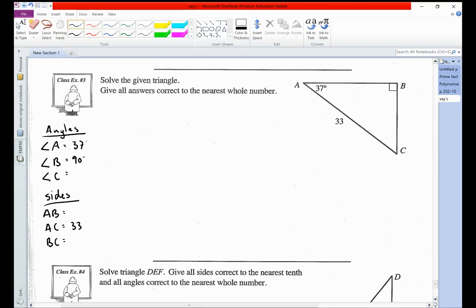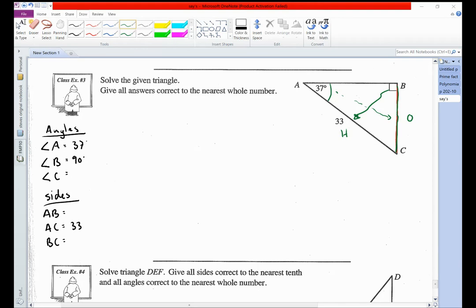So let's start by finding, and you can start anywhere, but I'm going to start by finding this side, BC. Maybe I'll use green. So for that side, BC, my angle I use is a reference angle, which means BC is my opposite side. And that means 33 is my hypotenuse.